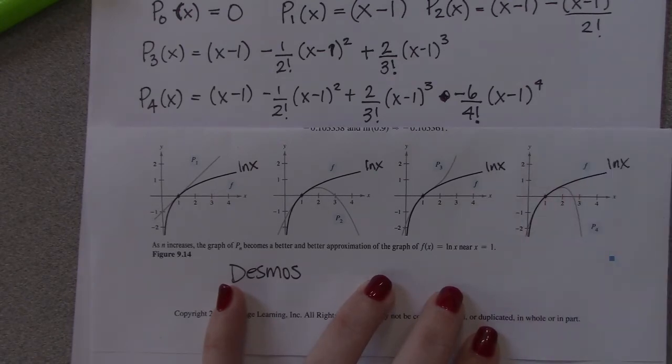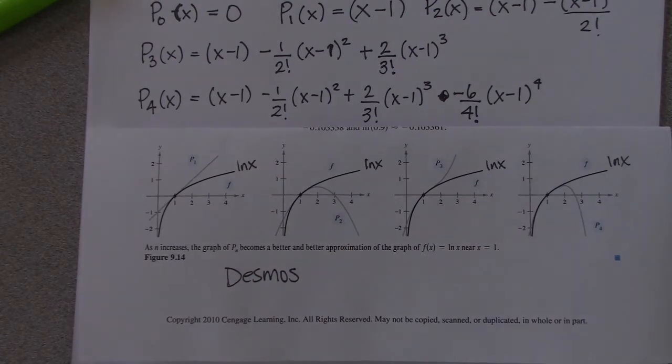But you can't plug that into a computer because you'd have to plug in infinitely many things. So if you guys remember way back in algebra, when we were learning structures of graphs, every time you up the degree of a polynomial, you're creating more bends, twists, and turns, and more opportunities for it to really hug the curve that you want to create.